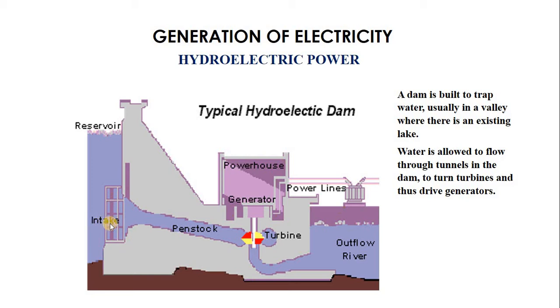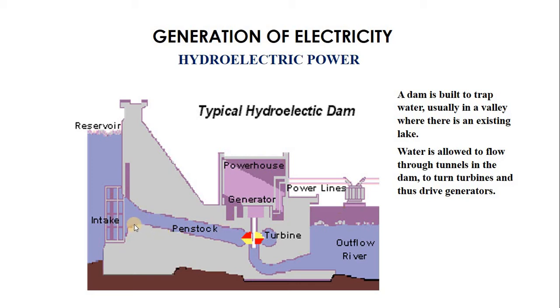So what is done is that there's a tunnel that is created beneath the dam, closer to the bottom of the dam, and that tunnel is what we call the penstock. So in other words, we create an opportunity for a high pressure to be created beneath the water. We want the water to come out from the reservoir at high pressure, and that is the idea of the penstock being beneath the dam.